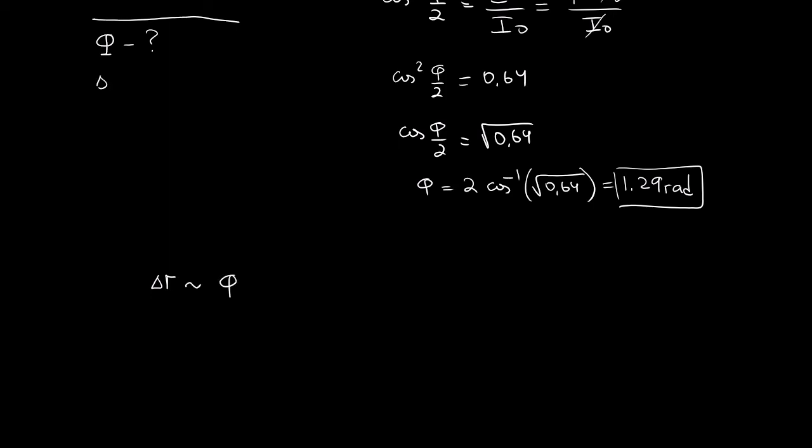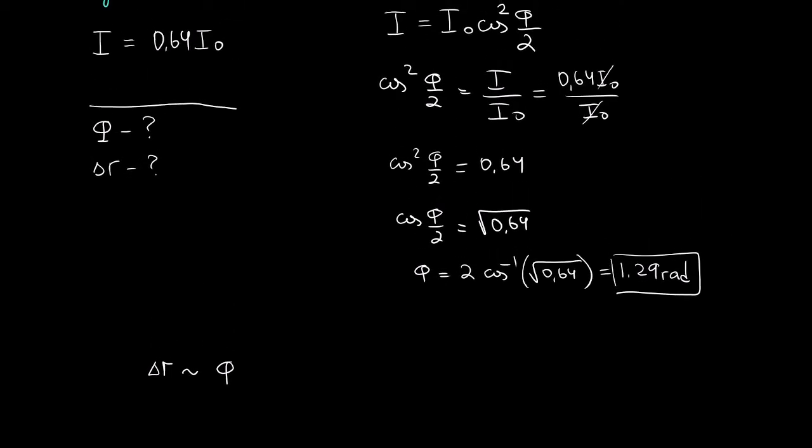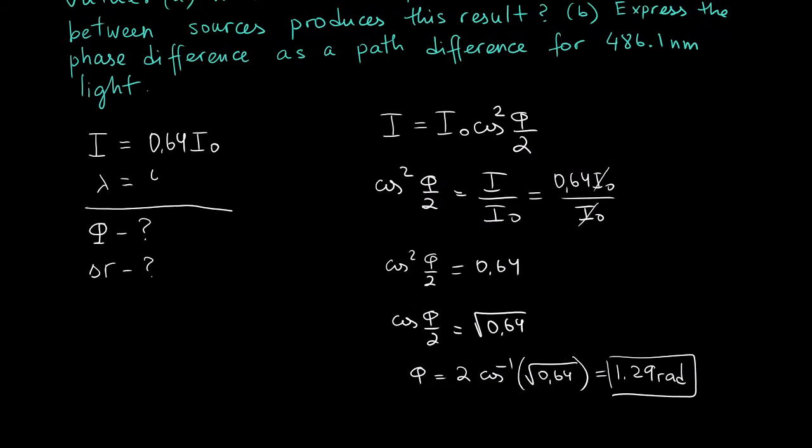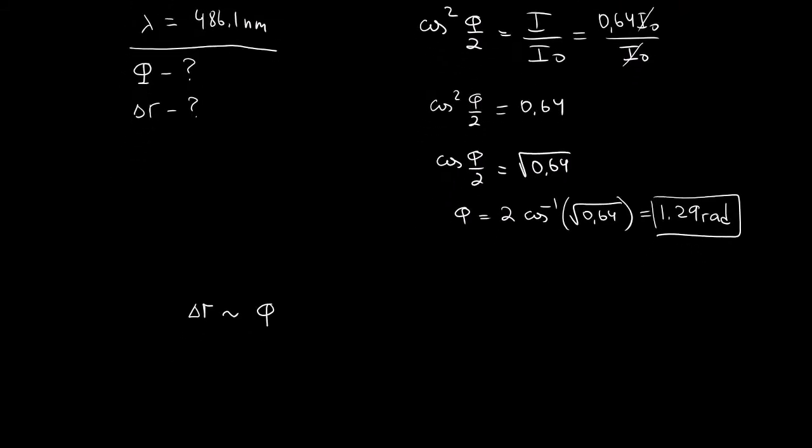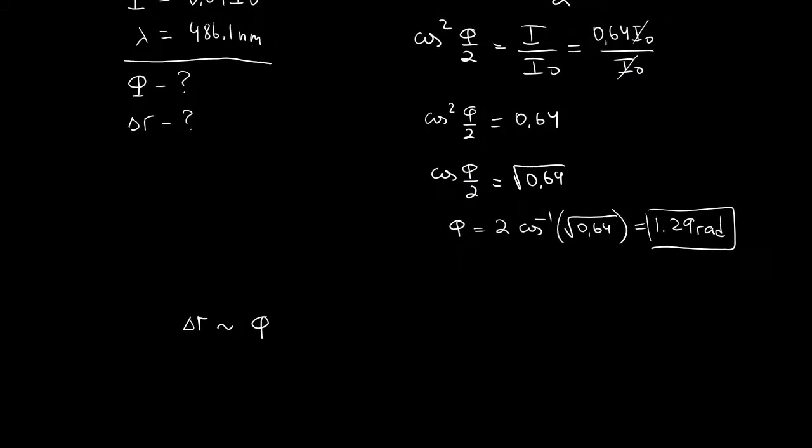And we are looking for delta R now for that particular wavelength lambda equals 486.1 nanometers.